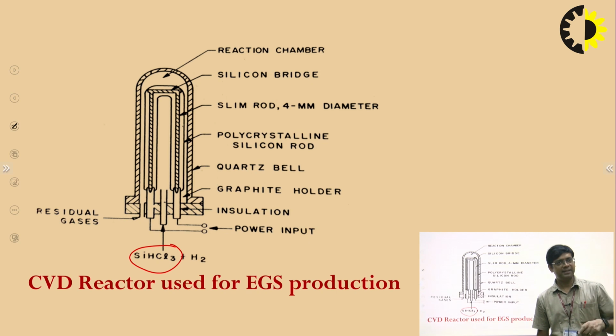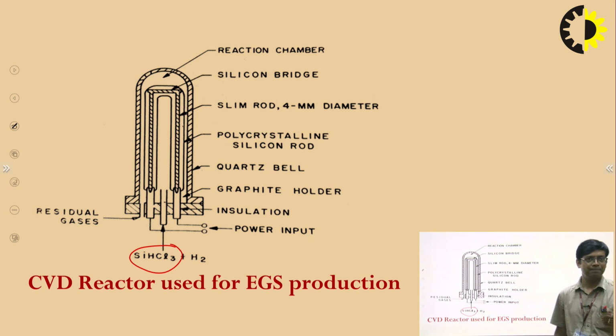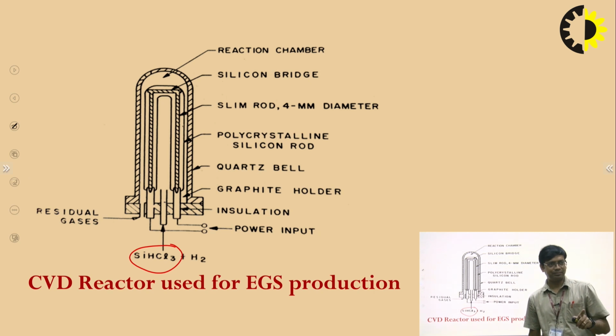After pulverizing it and reacting it with HCl at 300 degrees centigrade, we have obtained the trichlorosilane. We did the fractional distillation to purify it, and then this is given as a raw material in this CVD reactor to obtain the purified form of silicon, which is known as EGS.